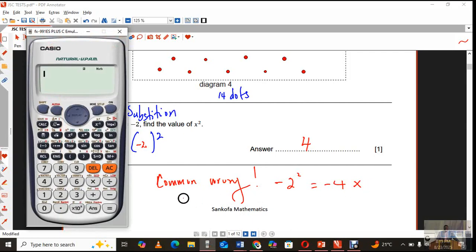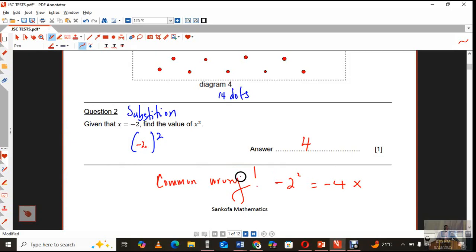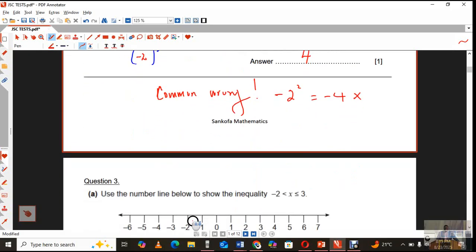So you grab your calculator and you put this. This is substantially different from all of x, which is -2, that should be squared, which gives you the positive value. So be on the lookout for this question. Be very careful. This is a common mistake that we see.